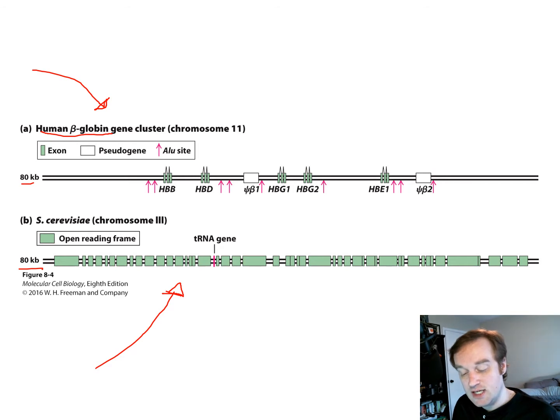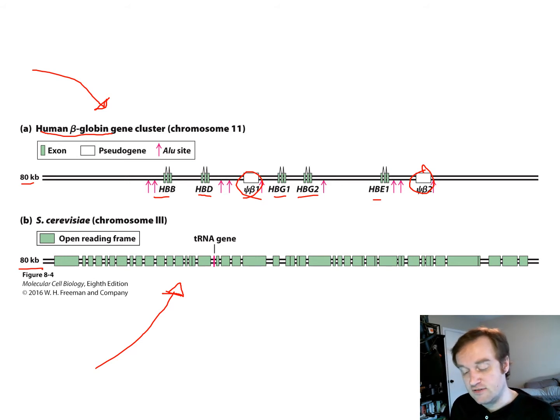We have HBB, HBD, HBG1, G2, and HBE1. We also had 2 pseudogenes here that were at some point duplicated copies of a beta globin gene, but have lost their function since then. And so these genes will have slightly different functions evolved over the course of natural history.